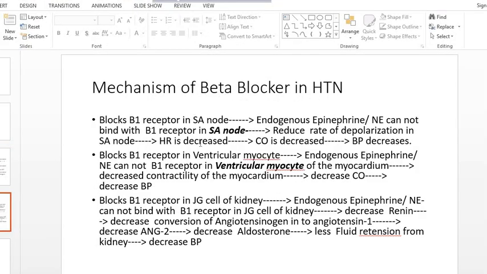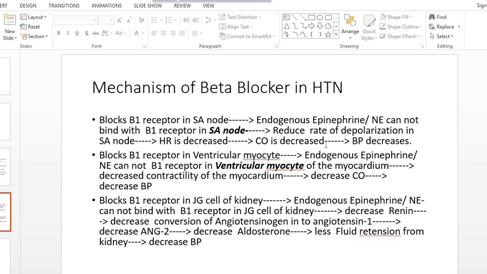So beta 1 receptor is blocked by beta blocker in the SA node. When SA node beta 1 receptor is blocked, endogenous epinephrine and norepinephrine cannot bind with beta 1 receptor in the SA node. This will lead to reduced rate of spontaneous depolarization in the SA node, and this will lead to decrease in heart rate.